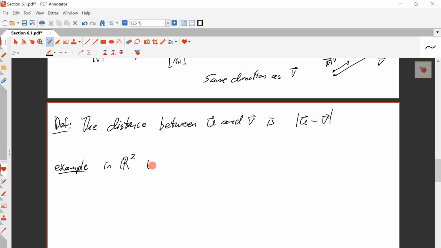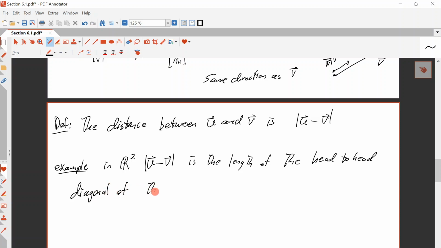In R2, u minus v is the length of the head-to-head diagonal of the parallelogram defined by u and v.